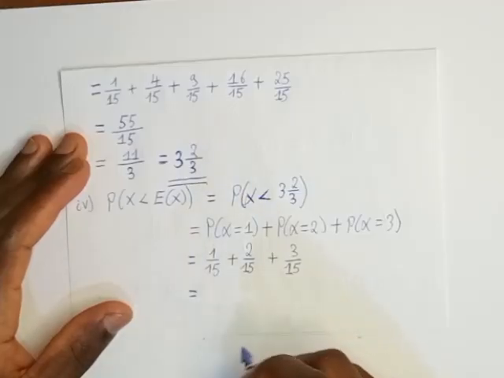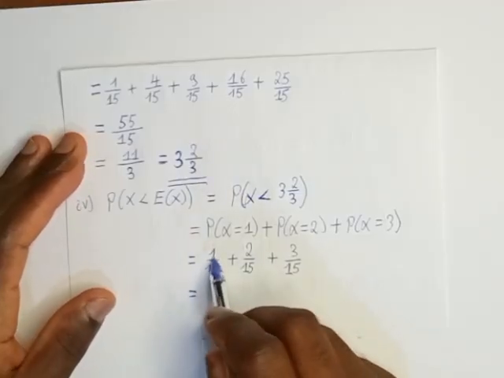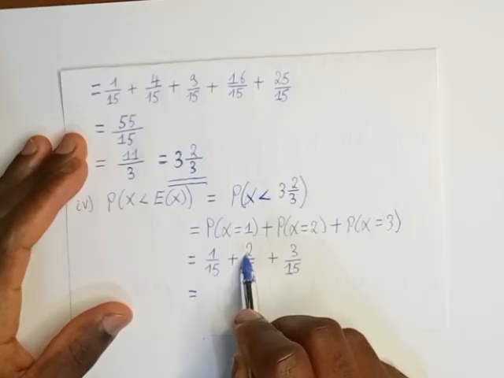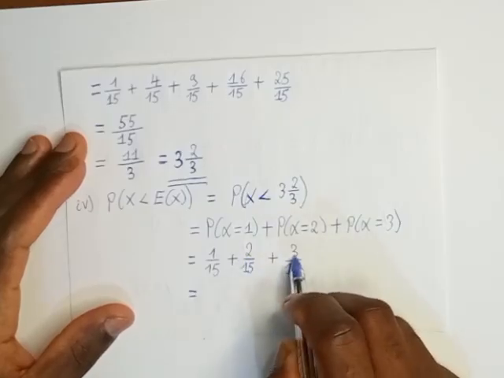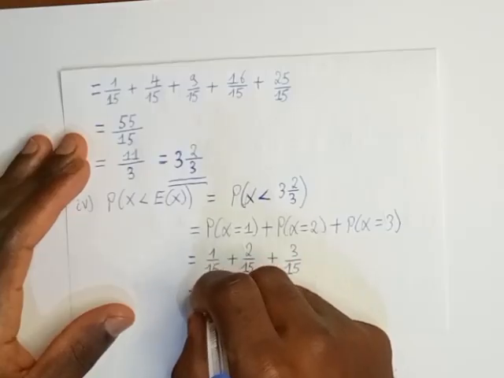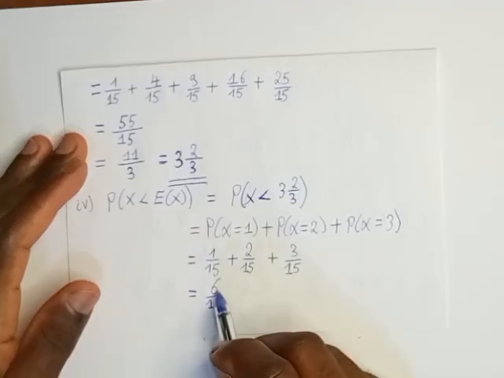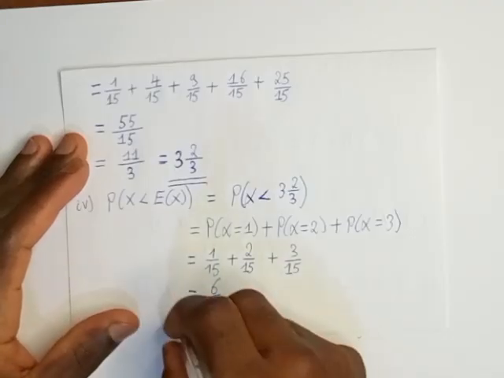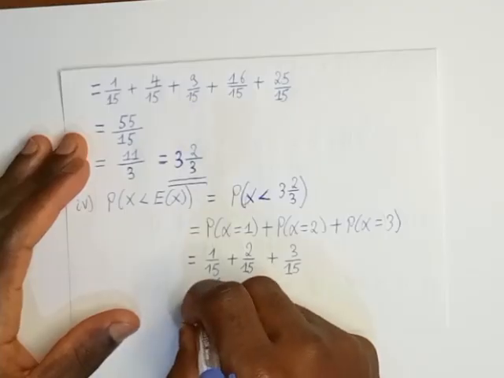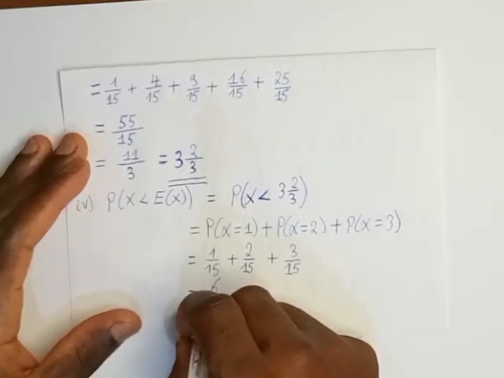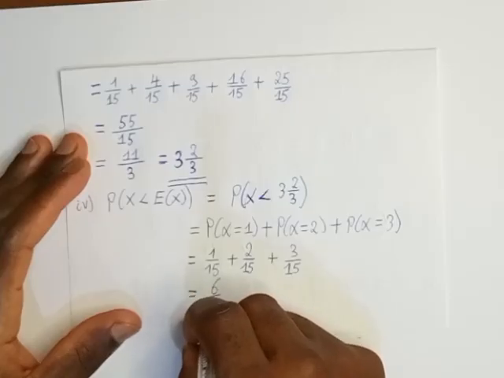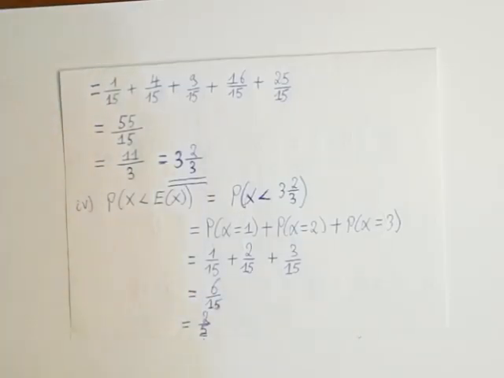Adding the numerators, 1 plus 2 gives 3, plus 3 gives 6 on 15. Dividing the numerator and the denominator by 3, this is equal to 2 on 5. We underline the answer. We are done with the solution of this question.